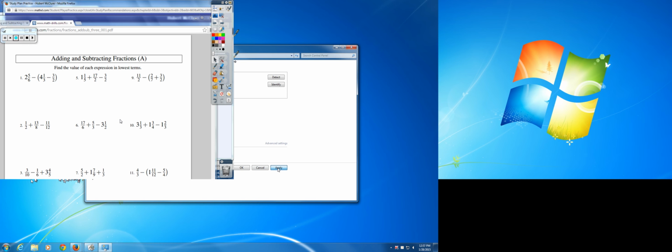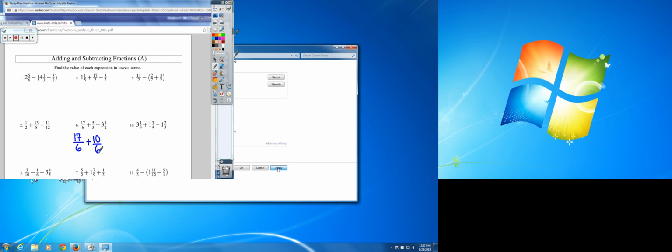Well, the common denominator is easy. What's the common denominator? 6. So that shouldn't be too difficult. So that's going to be 17/6 plus, how many times will 3 go into 6? 2 times 5 is what?